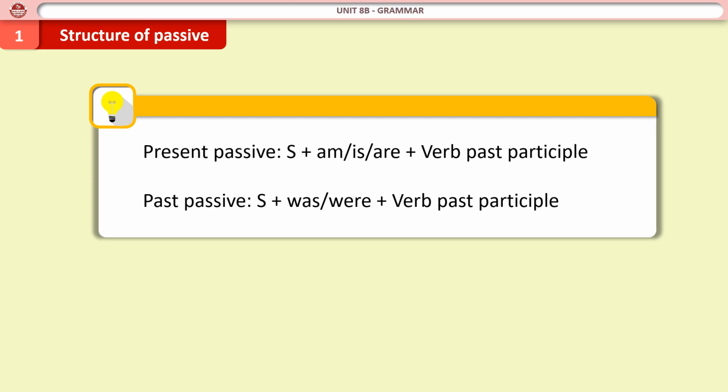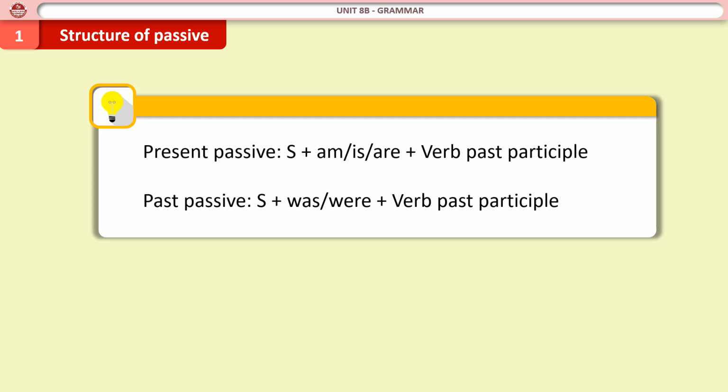Now for past passive, it would be subject, was or were, which are past to be verbs, and then again verb past participle. This would be the key point of the whole lesson, right?